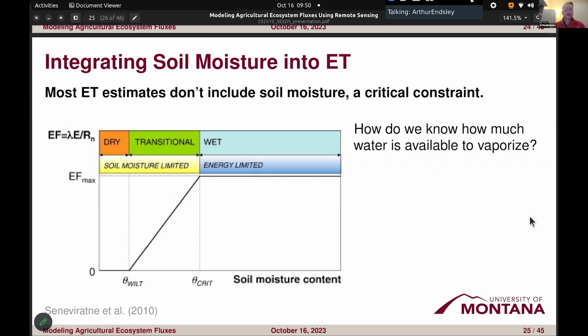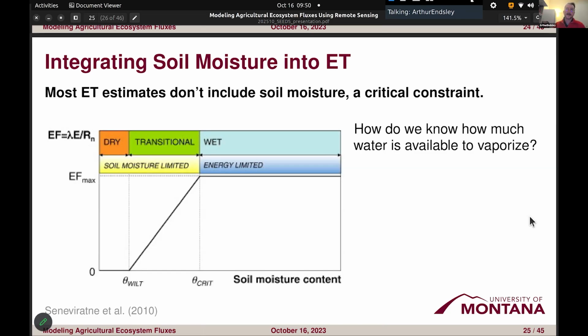In the classic view of evapotranspiration schemes, depicted by this figure, there are basically three different evapotranspiration regimes depending on how much soil moisture is available. If there's a lot of soil moisture available, we're limited by energy. The amount of ET flux will only increase if there's more energy input to the system.